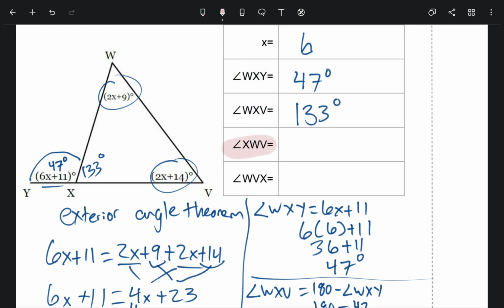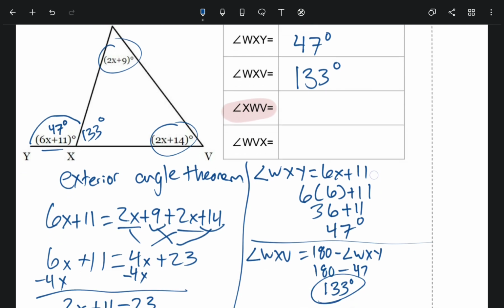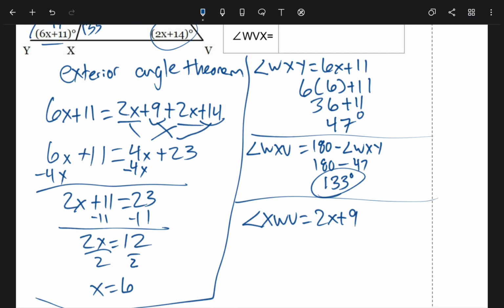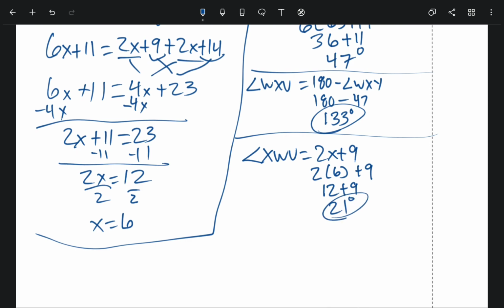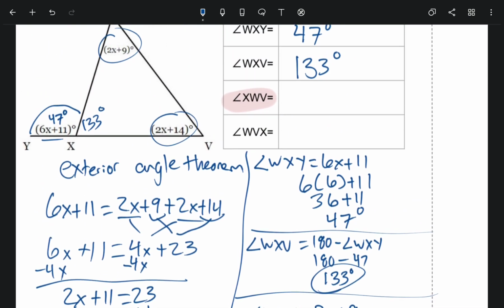Now we need to find XWV, which is the 2x plus 9 up here. Okay, so same deal, plug 6 in for x. 2 times 6 plus 9, that gives us 12 plus 9, and that is 21 degrees. Okay.